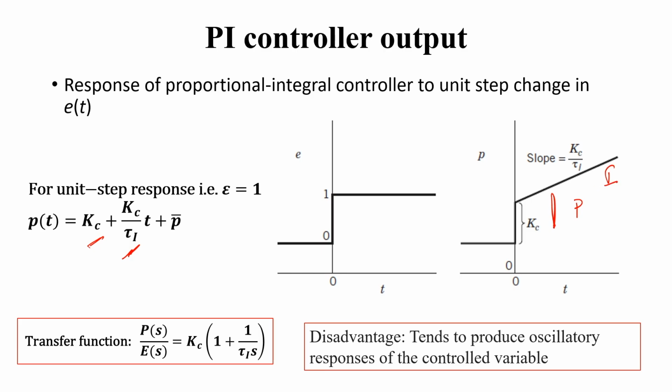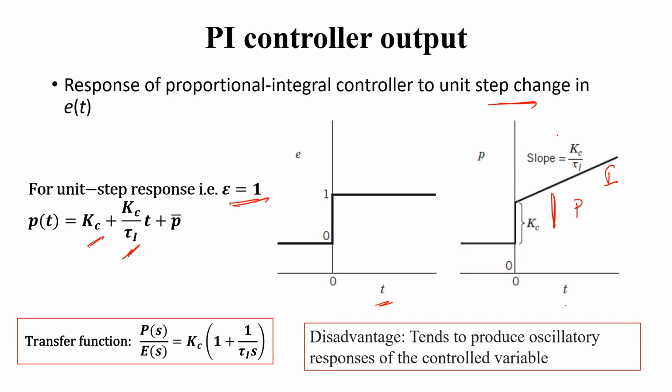So, you can see with time how the response is changing, and we have taken a unit change in the input parameter, or the error. This is the profile of the error, where epsilon we have taken as 1 for the unit step response. For a unit change in the error, how your output will change.